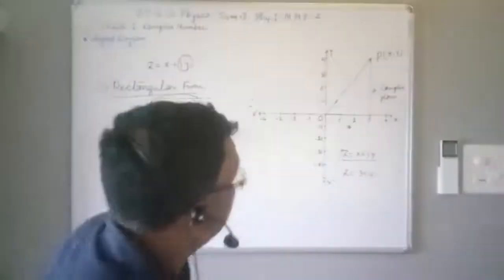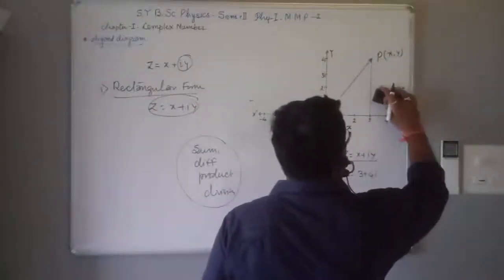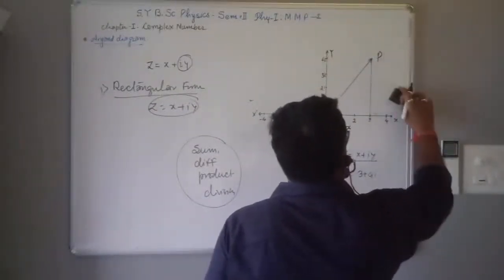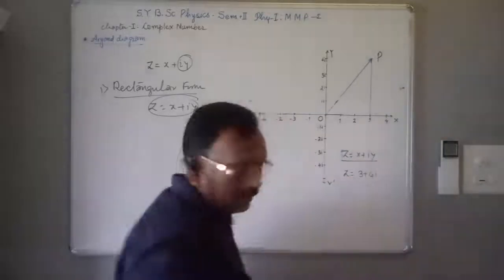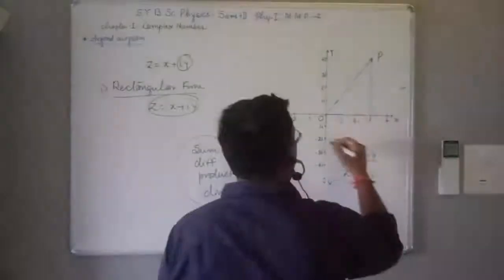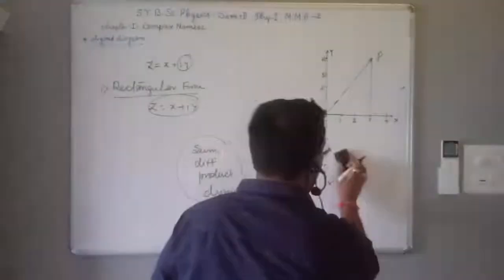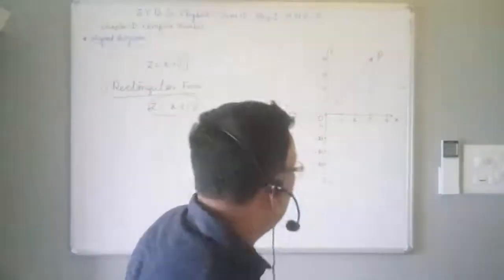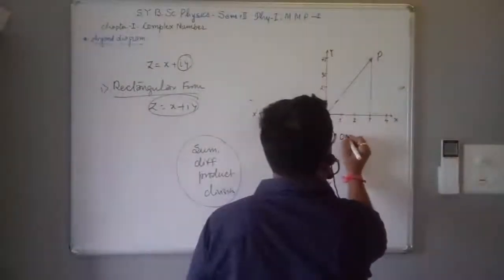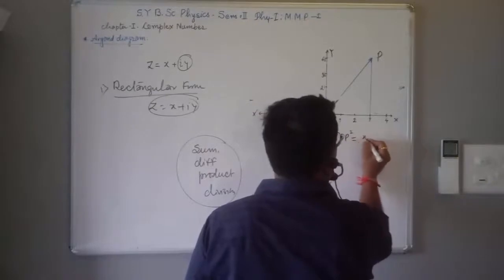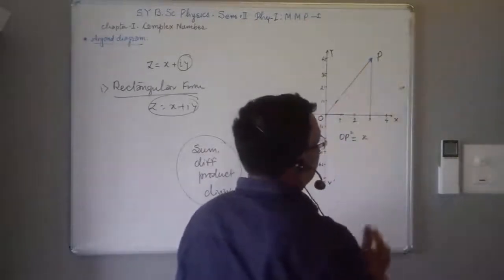For this purpose, again consider an Argand diagram. This diagram gives us OP square, that is hypotenuse.